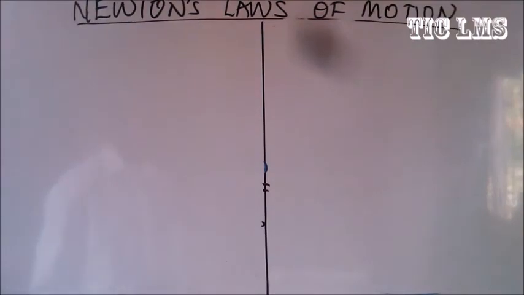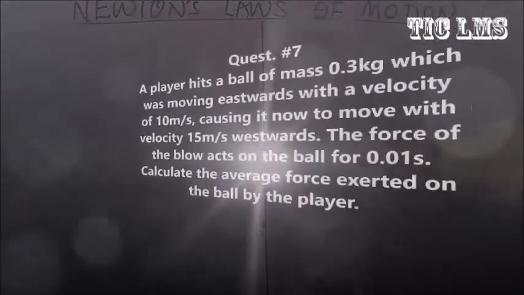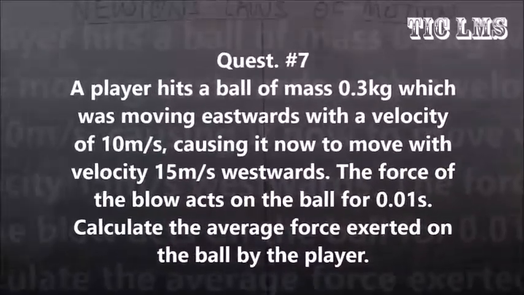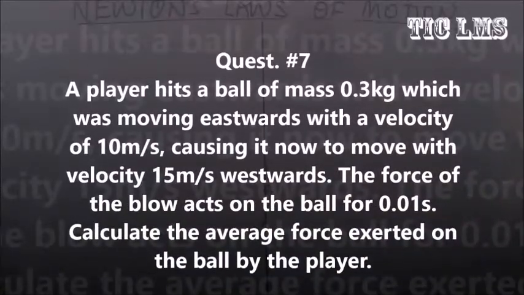Here's the next question, which says a player hit a ball of mass 0.3 kilogram, which was moving eastwards with a velocity of 10 meters per second, causing it now to move with velocity 15 meters per second westwards. The force of the blow acts on the ball for 0.01 second.